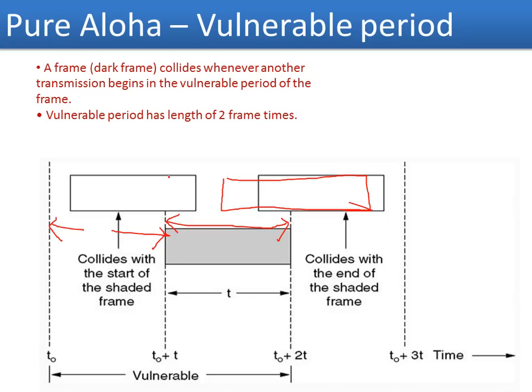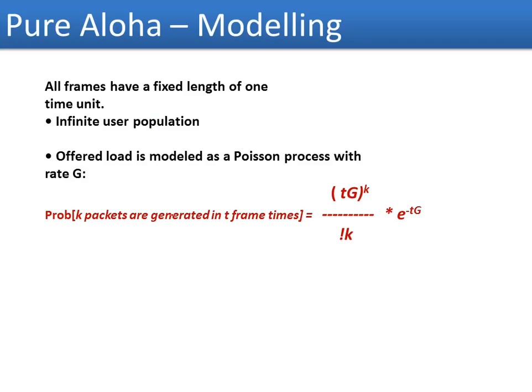With this constraint, we will see what the throughput of pure Aloha will be. So here we are saying the vulnerable period has a length of 2 frame times. So this is the vulnerable period. All frames have a fixed length of 1 time unit. So these are the constraints used for modeling.